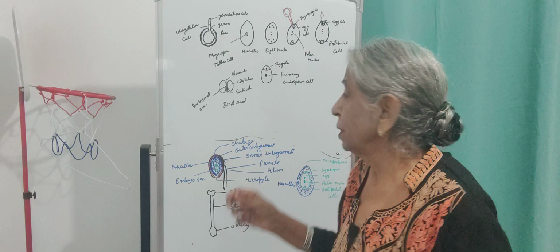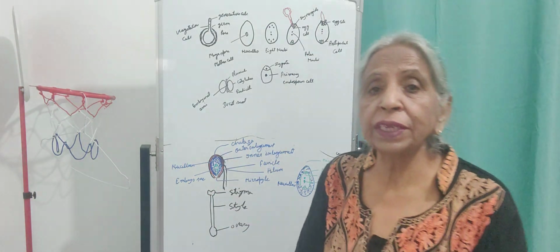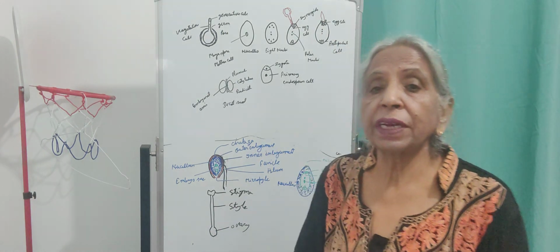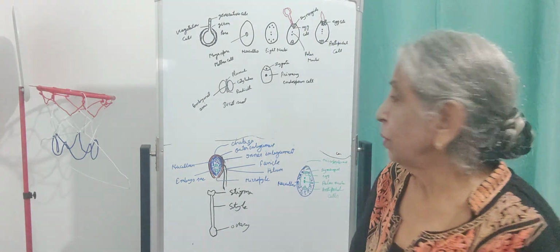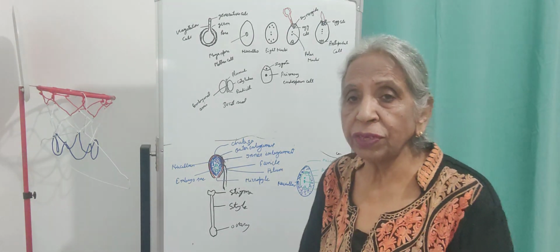However, in other cases, some portion of the endosperm is left, and such seeds are called endospermic or albuminous seeds.